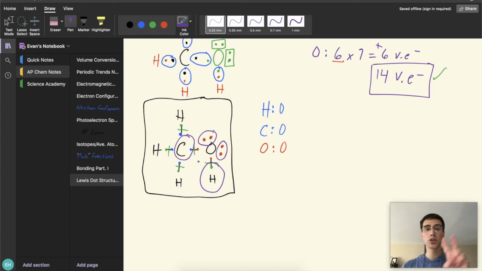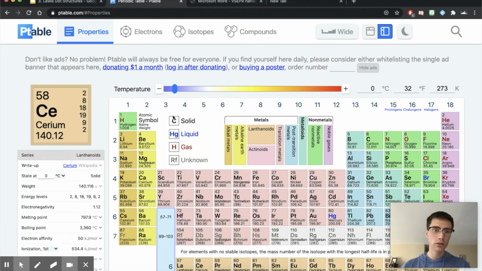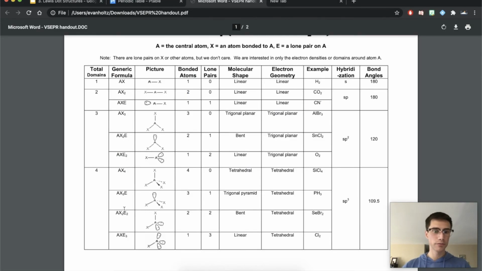So because there are 2 lone pairs and 2 bonds around our oxygen, we would count this as AX2E2, which is right here, AX2E2 for a total of 4 domains. This is exactly how we draw oxygens, just in the center, right? 2 things that are attached and 2 lone pairs around it. So its molecular shape would be bent and its electron geometry would be tetrahedral, okay?